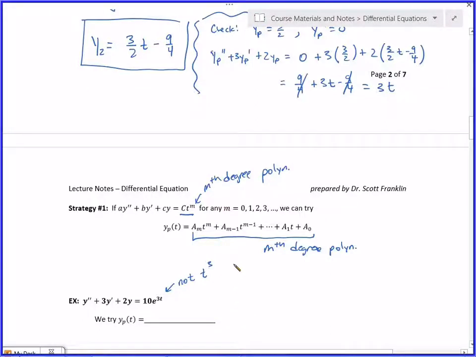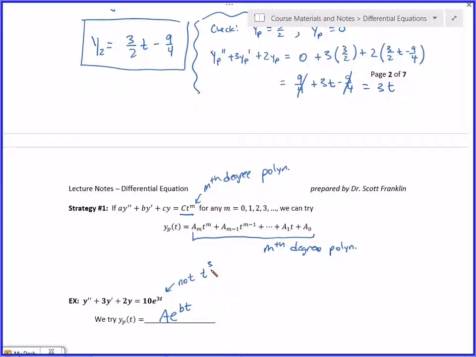Yeah. So a e to the bt. Now when I take the derivative of this, I will get ab e to the bt and then ab squared e to the bt, right? So on the left-hand side, I have e to the bt's. On the right-hand side, I have this 10 e to the 3t.